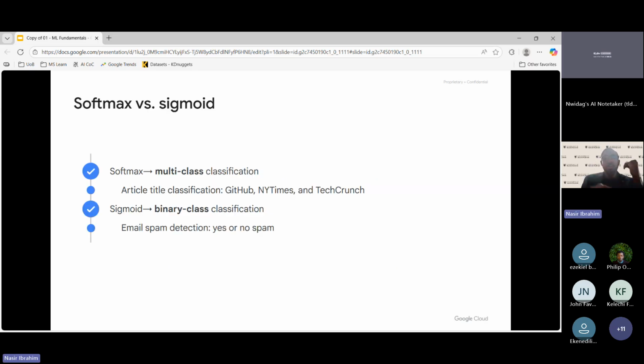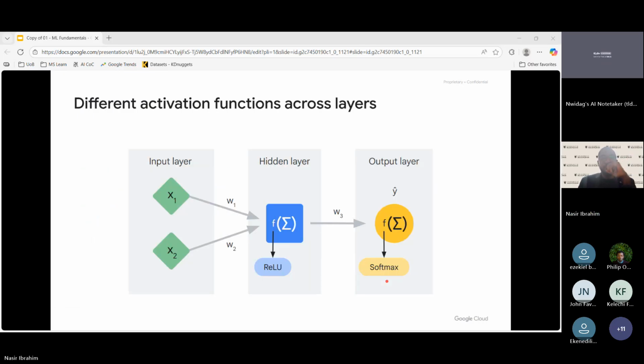Again, to differentiate, Softmax is applied to multi-class classification problems, and Sigmoid is applied to binary classification problems. You don't have to have the same activation function across the different layers. You can have, for example, ReLU in the hidden layer and Softmax in the output layer.